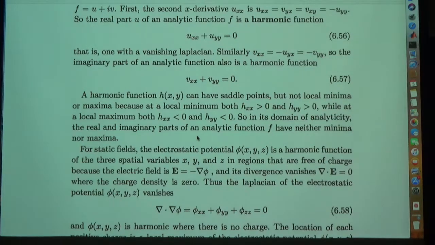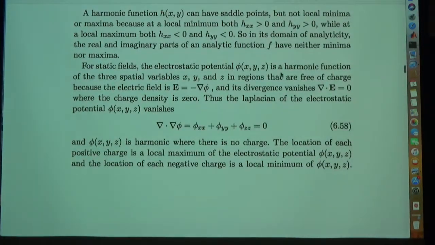Now there are some electrostatic applications of that. The electrostatic potential is a harmonic function in regions that are free of charge. That's because E, and we're talking electrostatic, so no time dependence, E is minus the gradient of the potential, and by Gauss's law, the divergence of E is 0 if you have no charge density.